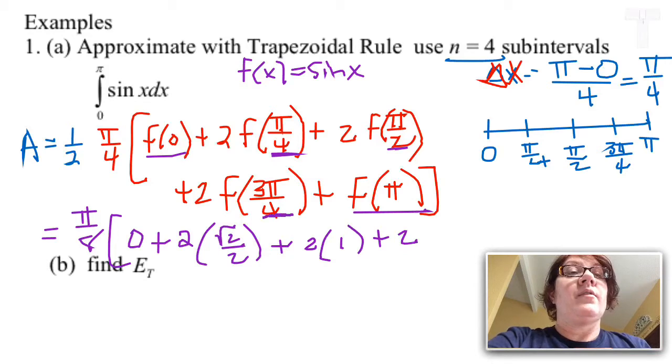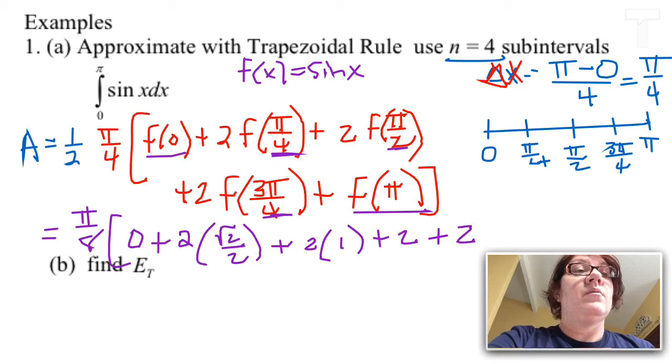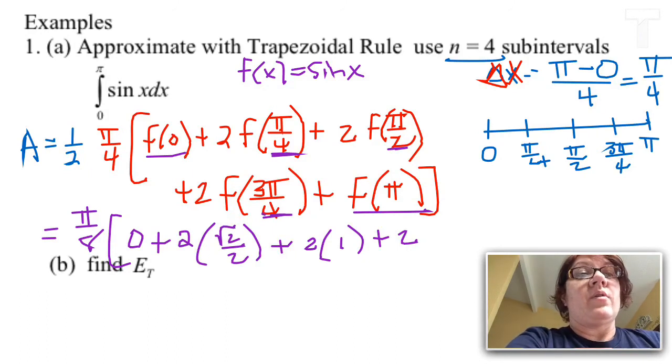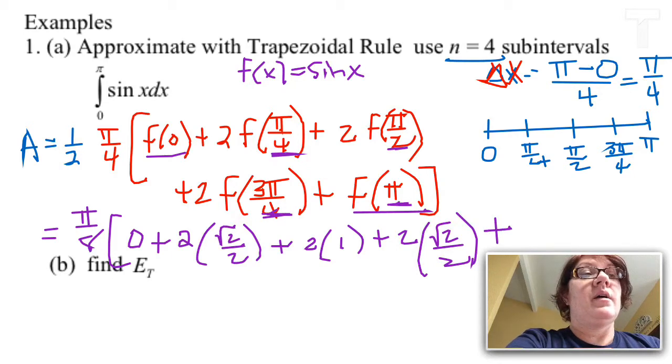If I take sine of 3 pi over 4, I get another root 2 over 2, plus, and if I take sine of pi, I get 0.